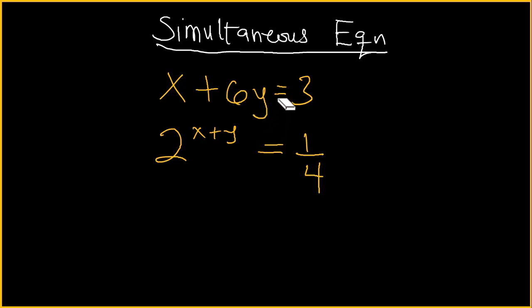So this is what simultaneous means, doing two things at the same time. Now let's delve quickly right into this. So with our first equation, x plus 6y equals 3 and 2 raised to the power x plus y equals 1 on 4.